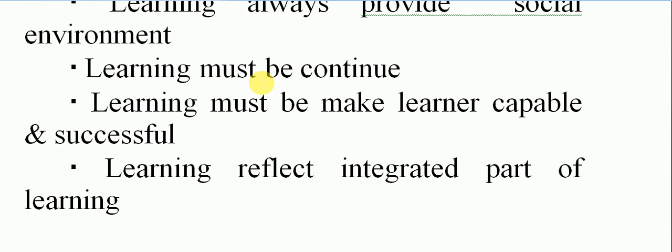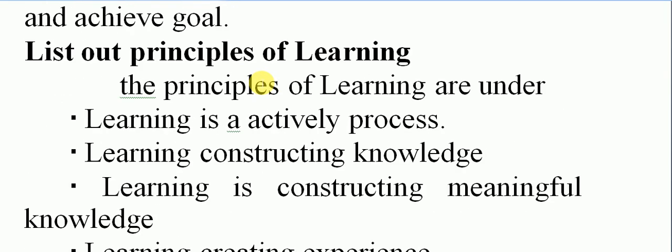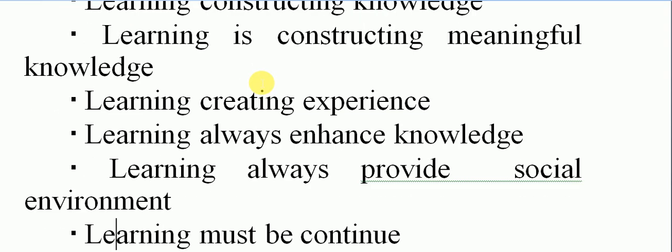If we learn something, then we learn all things. So these are the principles of learning. Learning principles are very easy. If you remember the definition, then you are able to write the learning principles.